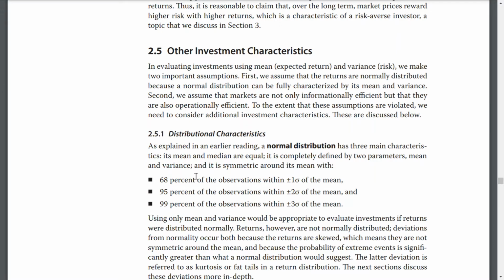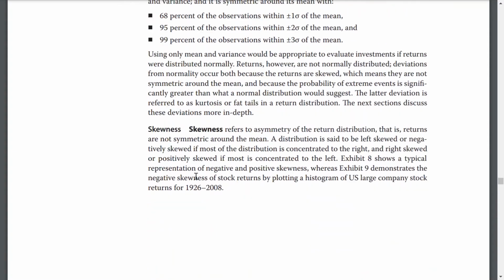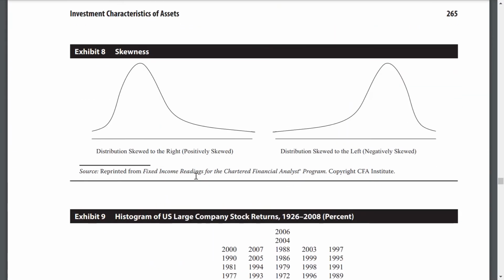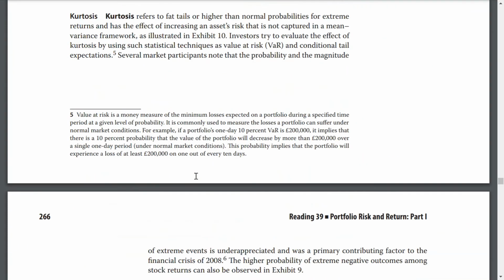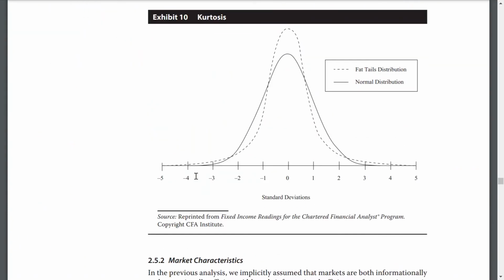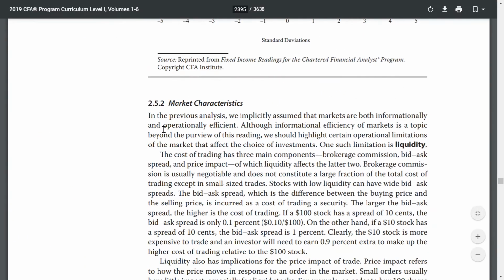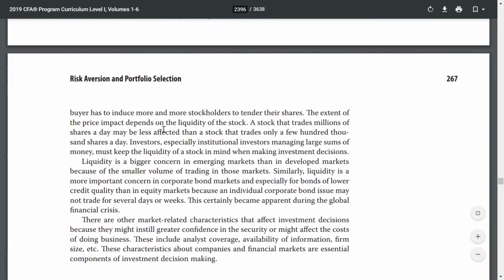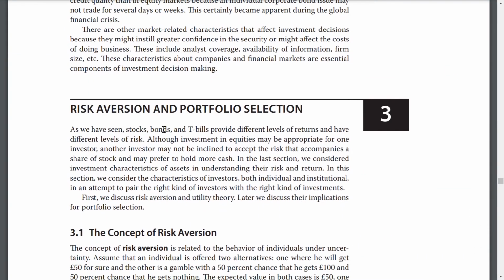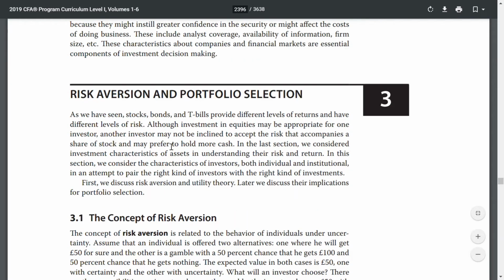These are discussed below: distributional characteristics, skewness, so if it's not a normal distribution, kurtosis, market characteristics, risk aversion, and portfolio selection.